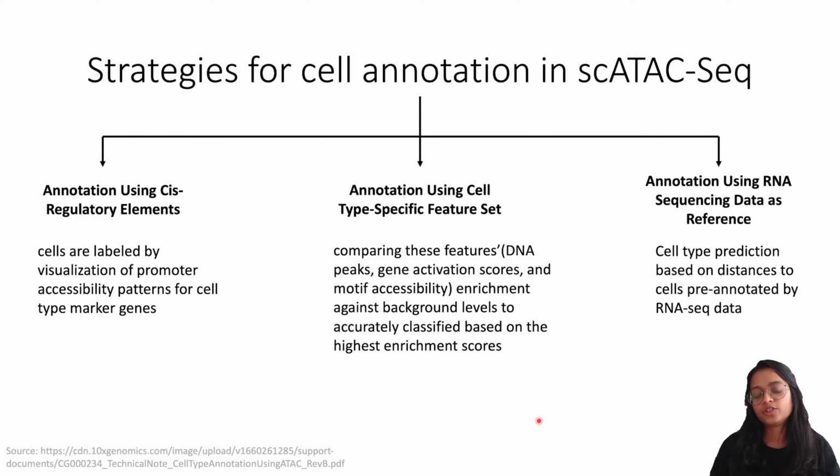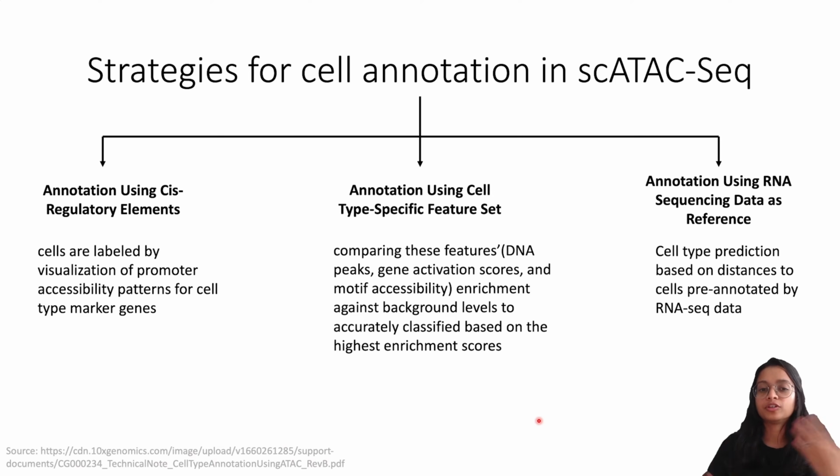The next strategy is annotation using a cell type specific feature set. The idea here is to compare the enrichment of certain features. These could be DNA peaks, gene activation scores, or motif accessibility, comparing it against the background levels and finding out which of the cell types has the highest enrichment for that particular feature set, and labeling that cell type.